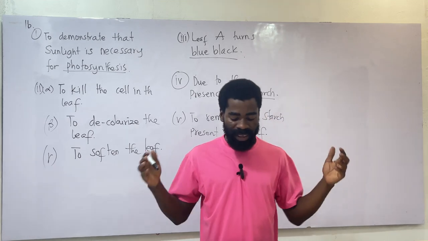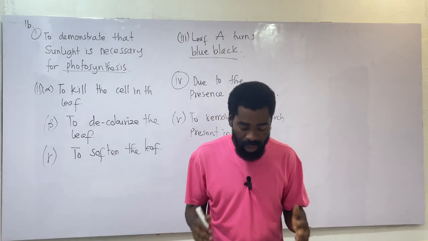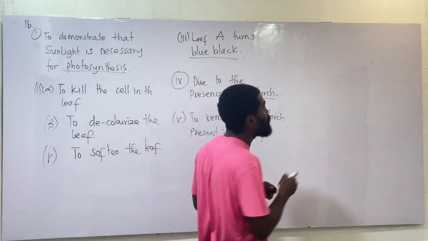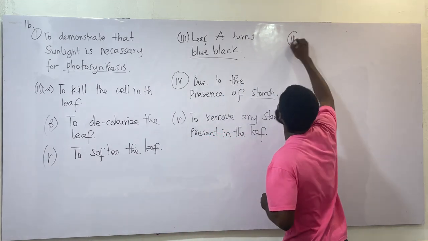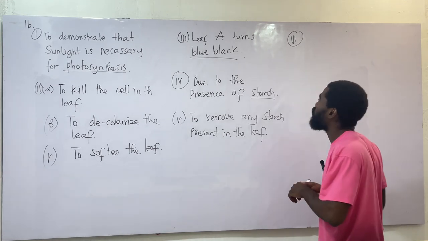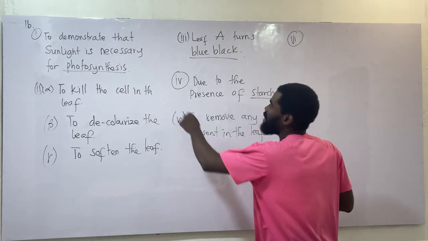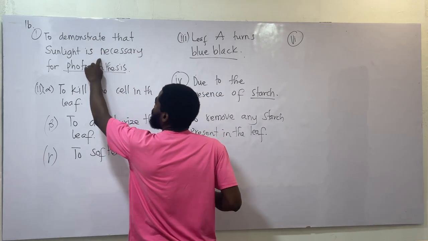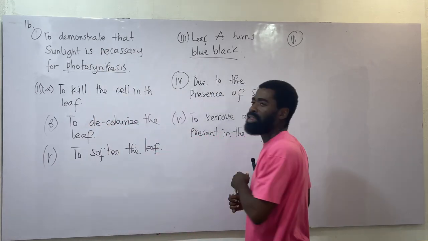Now from the above experiment, what conclusion can be drawn? The last one, which is VI. What conclusion can be drawn from this experiment? We can draw this conclusion by saying that at the end of the day, sunlight is necessary for photosynthesis to occur.